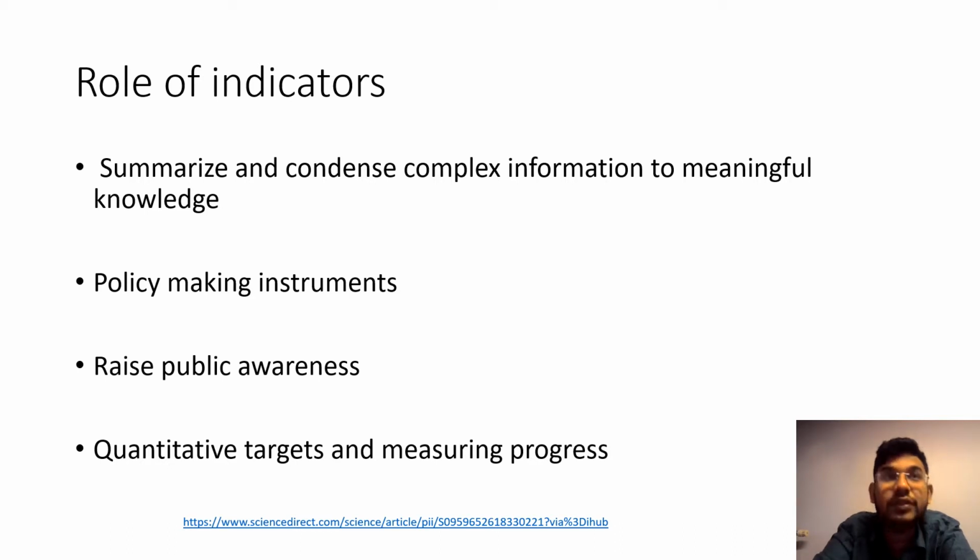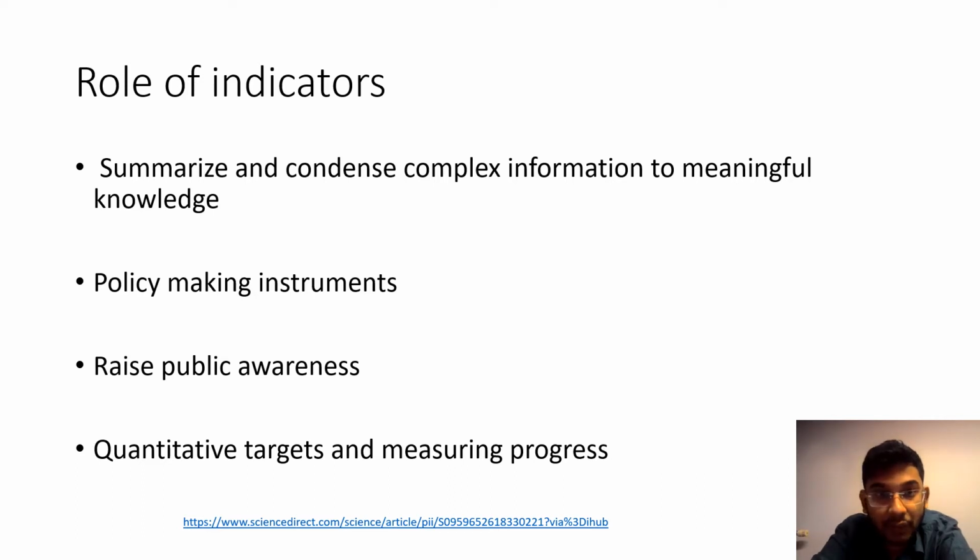And then also it's used as a tool to raise public awareness, right? Once you put a quantitative or a sort of qualitative target to something, then we say that, oh, this is sustainable and this is not, this is circular and this is not. And that's how the public could also track it, and then they could argue for remaining sustainable or remaining circular.